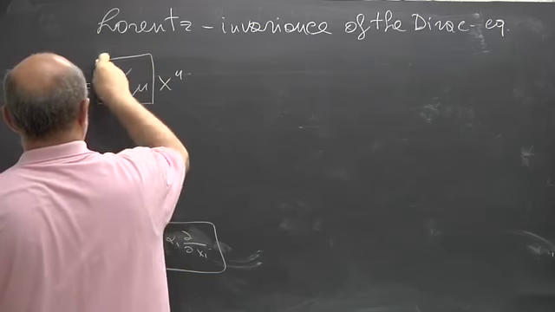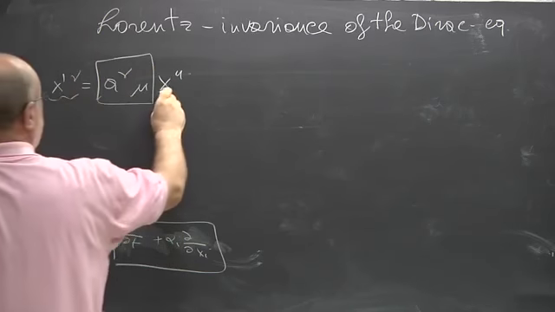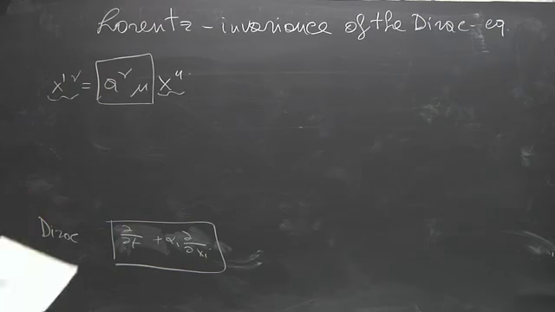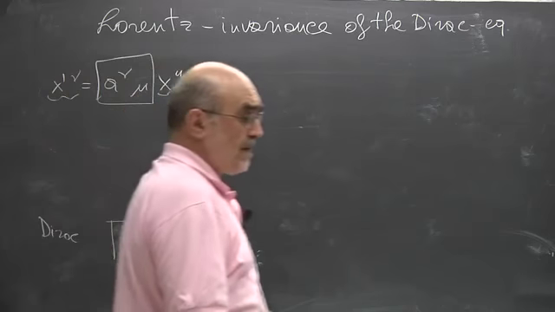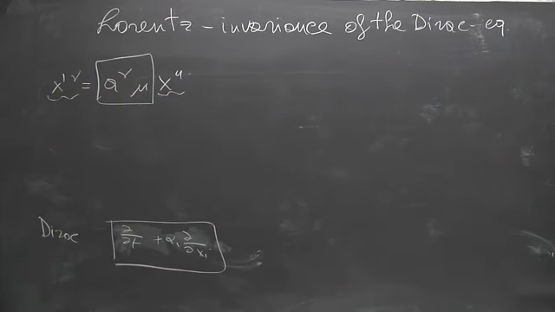So this is a 4x4 matrix. These are 4-vectors, the usual x, and we transform them in this manner. The indices that are crossed are summed, with the Einstein convention.